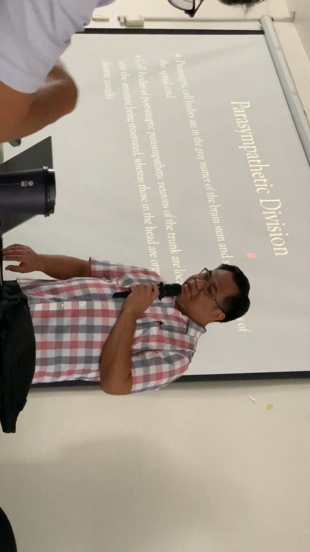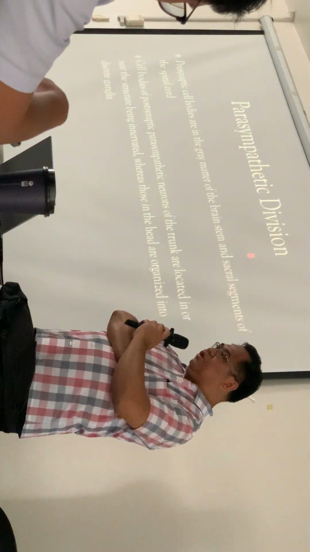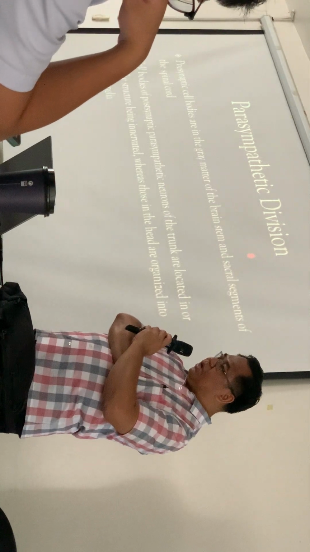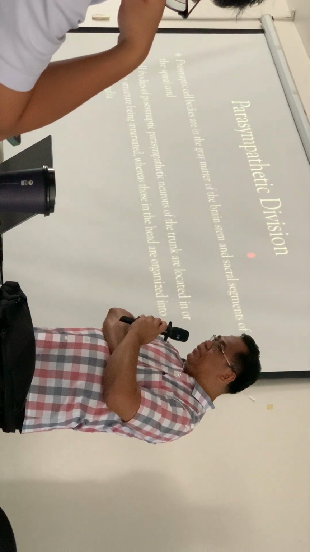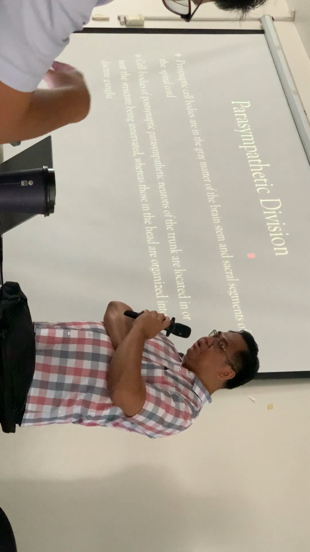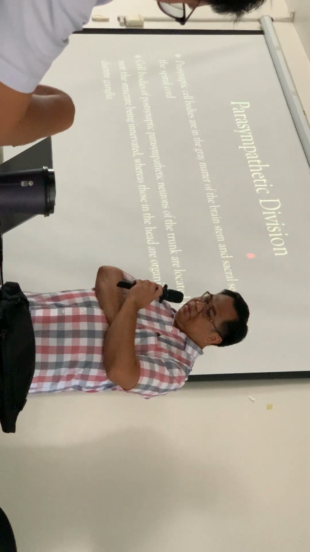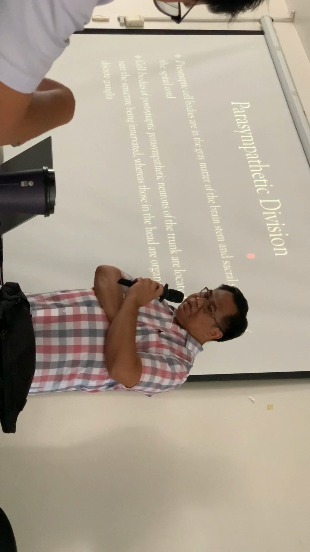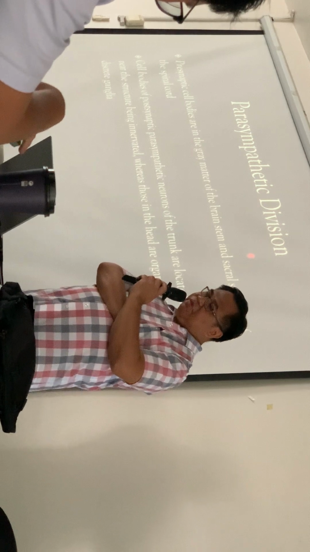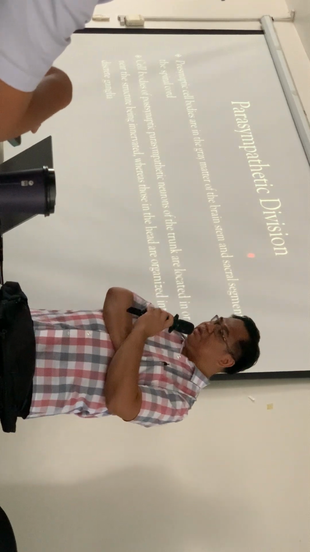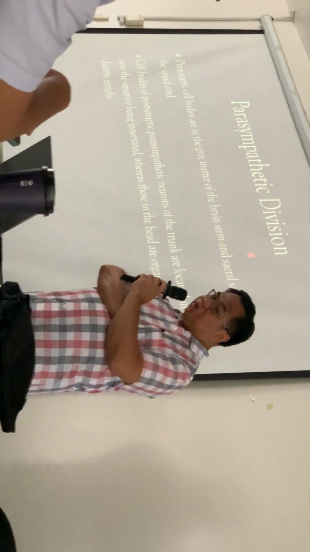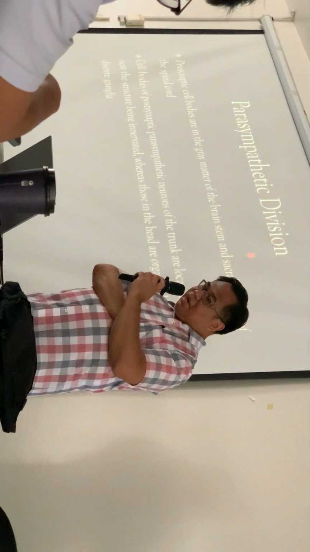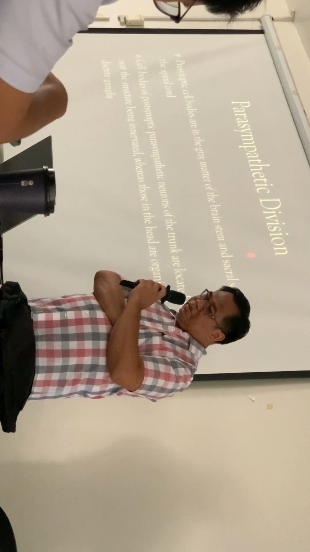The parasympathetic division of the autonomic nervous system, on the other hand, has presynaptic cell bodies in the gray matter of the brainstem, which is part of the brain, and the sacral segments of the spinal cord. So another name for the parasympathetic is the craniosacral outflow, because it comes out of the brainstem and the sacral spinal cord.